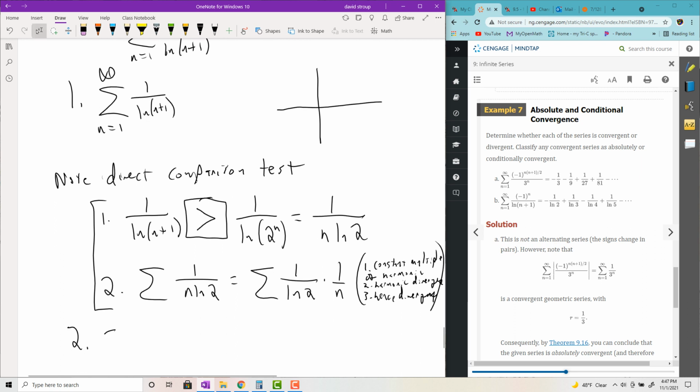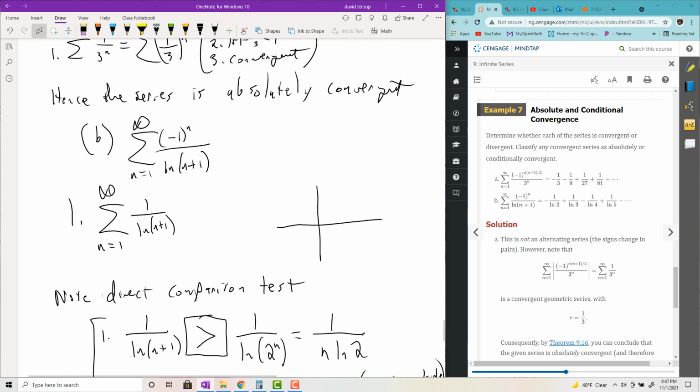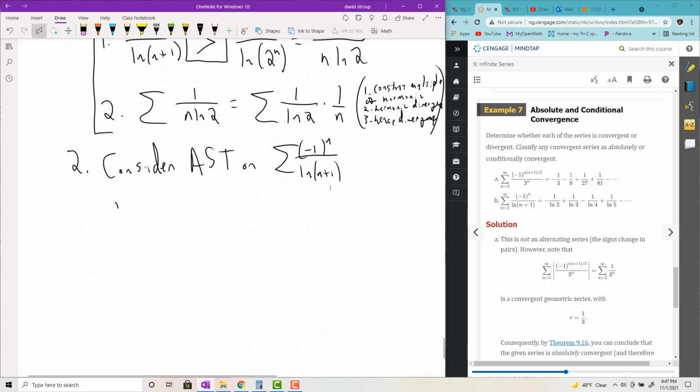So consider an alternating series test now on the original series, which is -1 to the n all over ln of n plus 1. So first, look at the limit of the a sub n portion. That would be 1 all over ln of n plus 1. Of course, ln goes to infinity, so it goes to 0. 1 over infinity is 0.